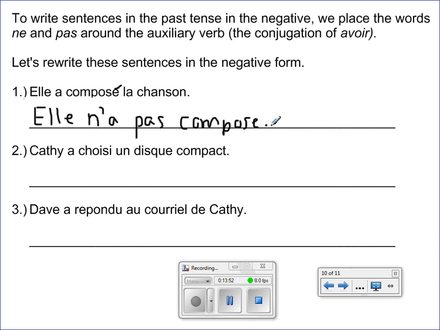Okay, I can just write the final words in that spot. So put the video on pause so that you can try these next two problems.